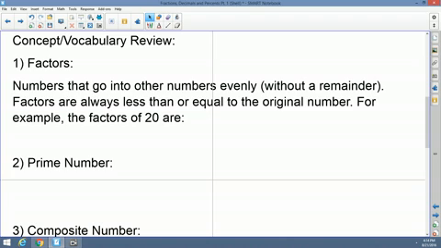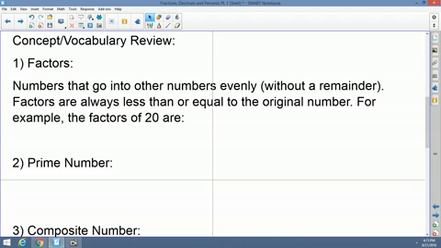For example, if I have 20 here and I want to find the factors, you start from the beginning. 1 times 20. 2 times 10. 4 times 5. And that's it. 6 does not go into 20. 7 does not go into 20. 8 does not go into 20. So simply, literally, factors are numbers that go into another number evenly.